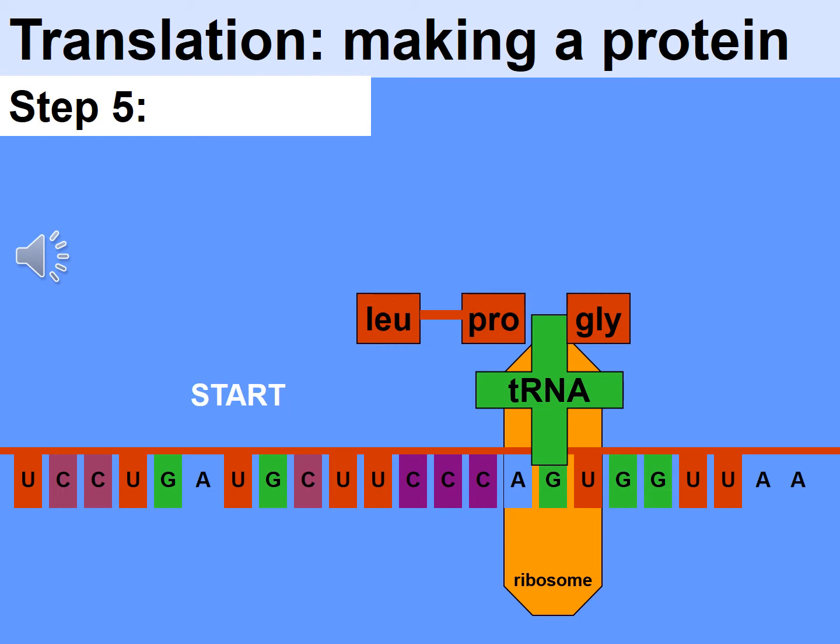So now it's AGU, and the tRNA that matches up with AGU will bring in the correct amino acid that it's carrying. In this case, it's glycine. So then that tRNA will come in, drop off the glycine, and hand off that amino acid to the ribosome, and then the ribosome will connect it to the growing chain that right now has leucine and proline, and the third amino acid is going to be glycine.